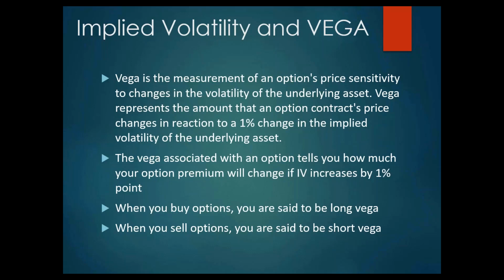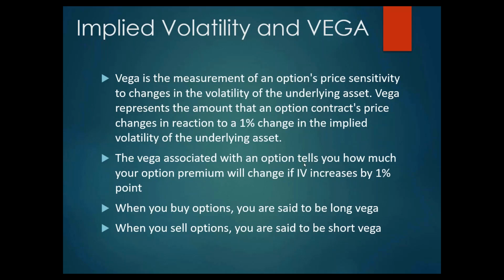Just like delta, for every $1 move in the stock, whatever your option delta is tells you how much your premium is going to change. Just like that, vega tells you how much your premium is going to change for a 1% change in implied volatility.